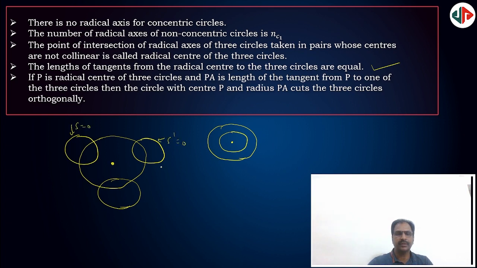What is the radical center? Point of intersection of the radical axes. So this bigger circle is intersecting three circles orthogonally. Such a circle's center is nothing but the radical center.